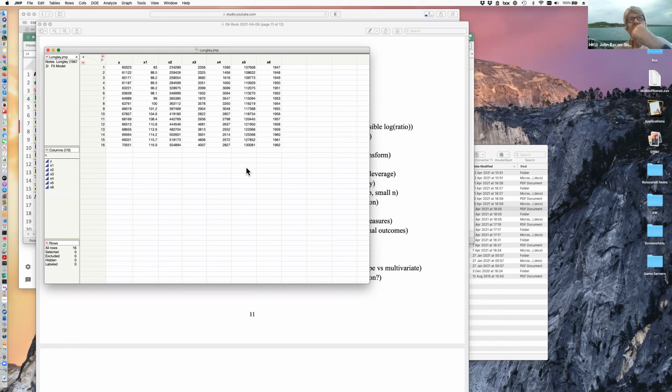So this is when we go to the next level, which is doing regression type models. It turns out that what is a problem is not just if the mean is large compared to the standard deviation, but also if the scale of the different x's in our model is very different. And again, you will see x1, for example, is of the order of 100. x5 is the order of 100,000.